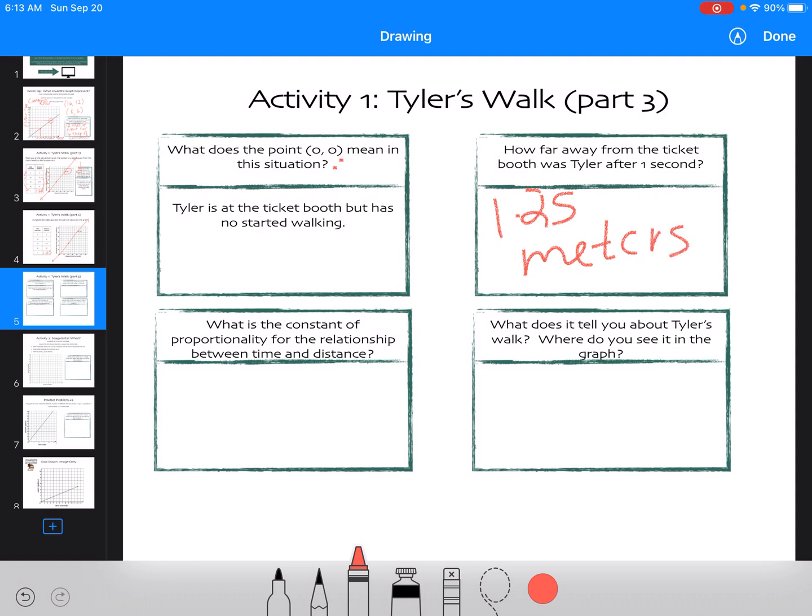What is the constant of proportionality for the relationship between time and distance? 1.25 meters is equal to 1 second. What does it tell you about Tyler's walk? Where do you see it in the graph?